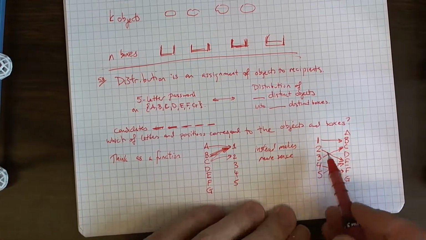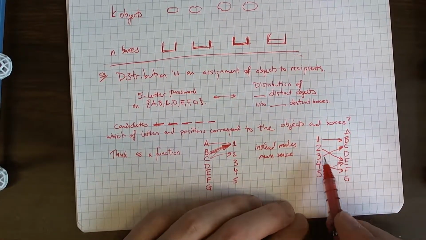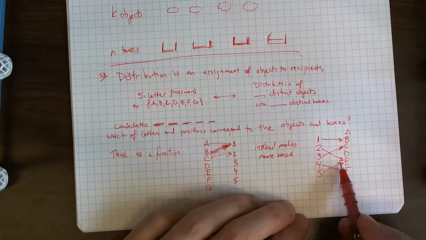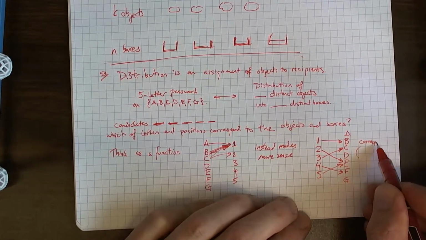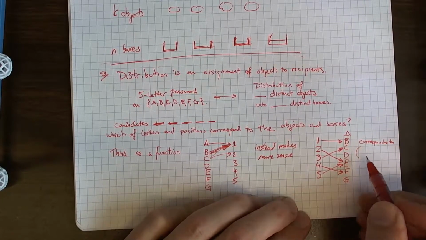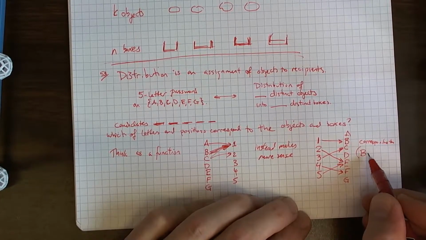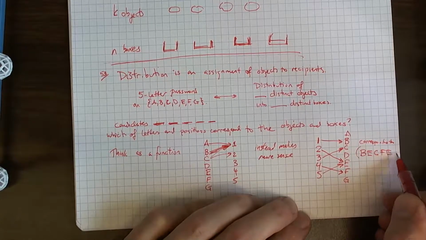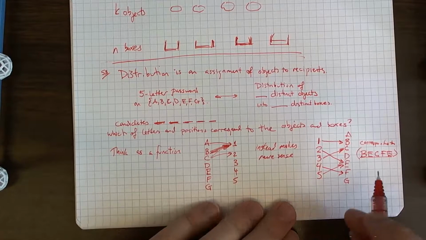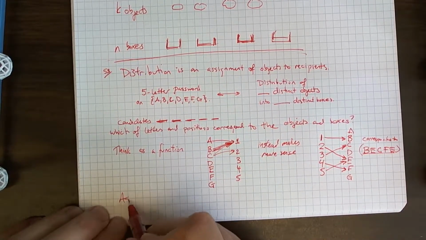But this assignment of 1 to B, 2 to E, 3 to C, 4 to F, and 5 to E would correspond to B, E, C, F, E. That corresponds to that password.